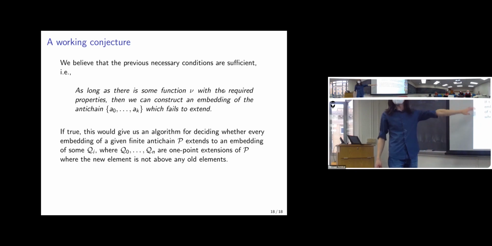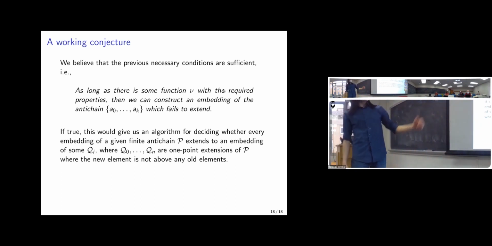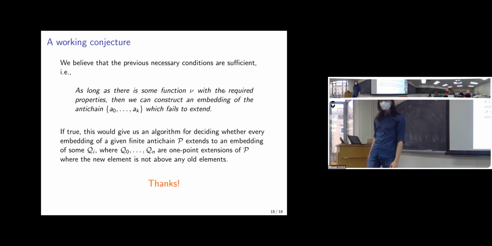So I'm just repeating the question that we are hoping to solve. Again, details need to be checked here, and this is a working conjecture, so we're happy to revise it if new phenomena come up. But that's all that I have for today. Thank you.